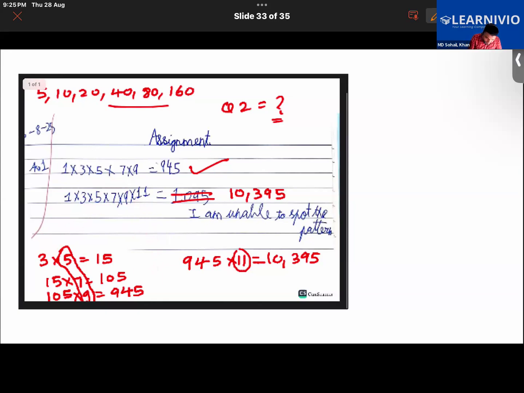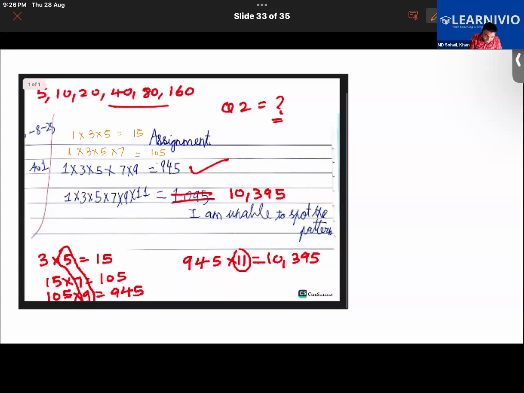We had 1 into 3 into 5 into 7. So that was equal to how much? 105. Then 945. Prior to 105, which number did we have? 15, no? So that was 1 into 3 into 5, and hence that is 15. Getting it? Yes, sir.